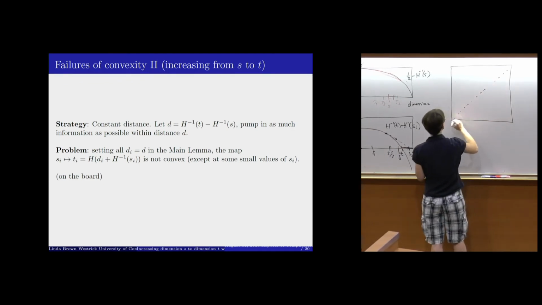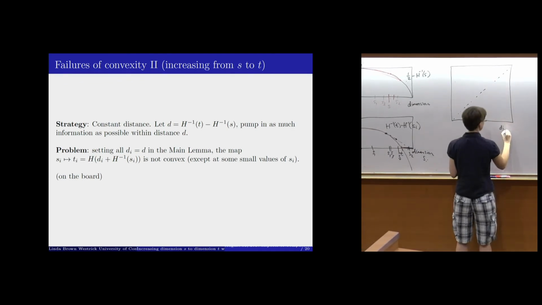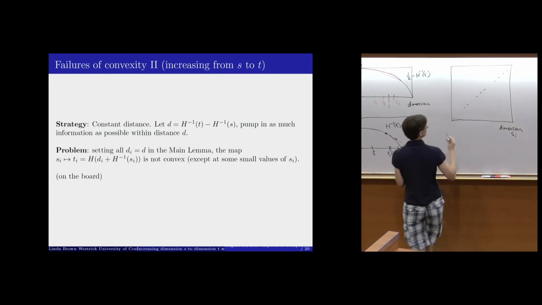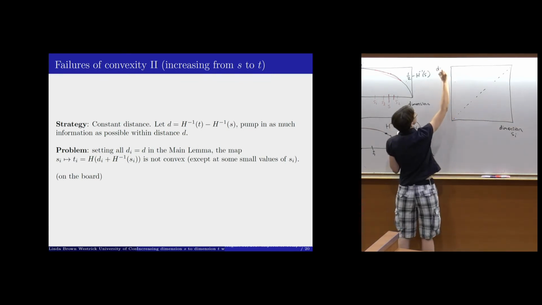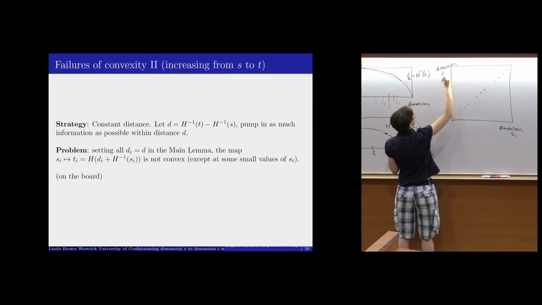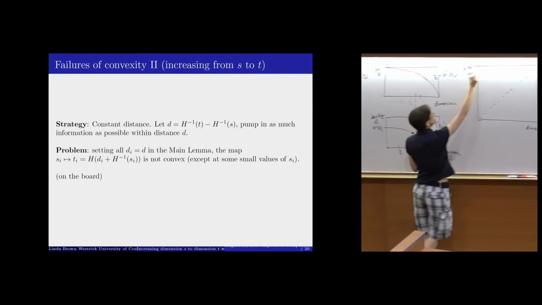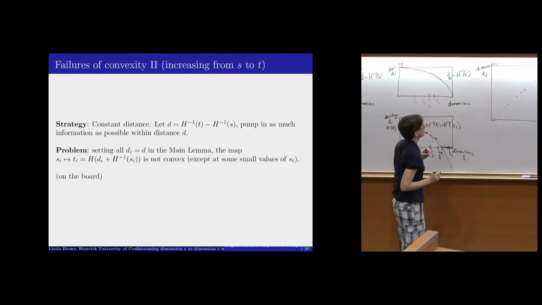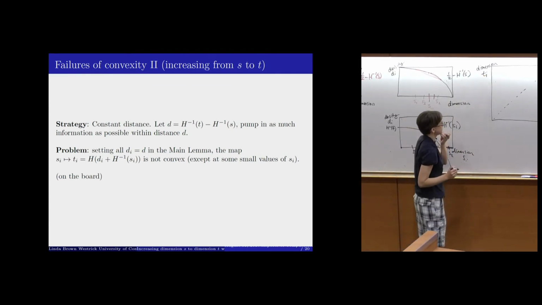And it looks like this. So if the opponent has given you si, then you're going to output dimension ti.